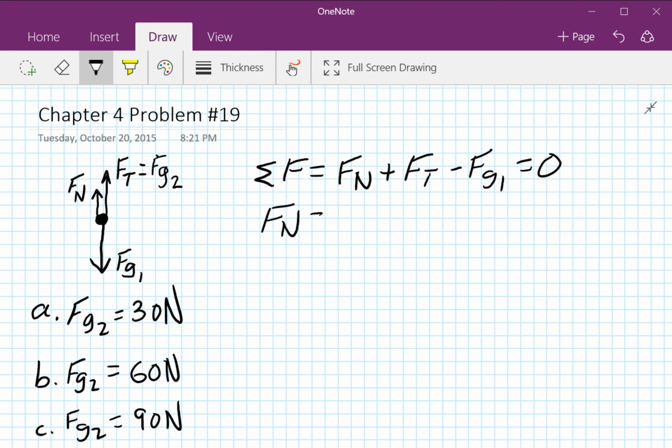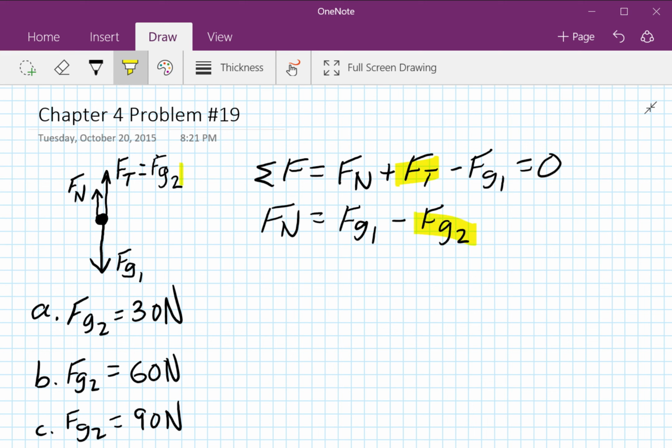And we'll be able to say that the normal force will always equal Fg1 minus Fg2. So now I'm switching Ft to Fg2 because I'm substituting it in. So this and this are the same thing.